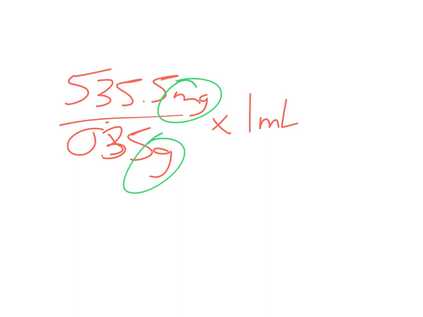I have to either convert this gram dosage down here into milligrams so that they're both in milligrams, or the reverse, convert the milligrams into grams so that they match. My habit is always to convert everything into milligrams, and it's just easier. So that's what I'm going to do. I'm going to take this bottom unit, the 0.35, and convert that into milligrams so that they'd both be in milligrams.